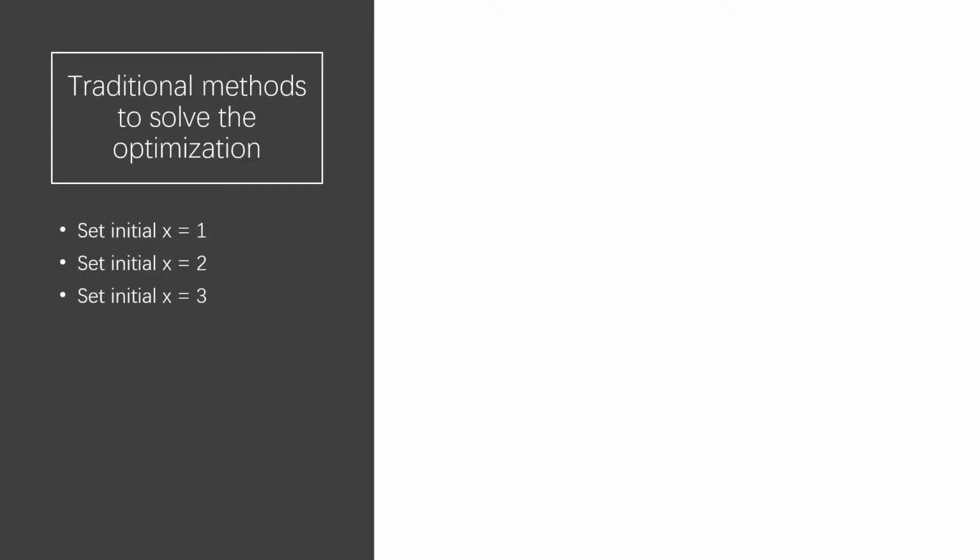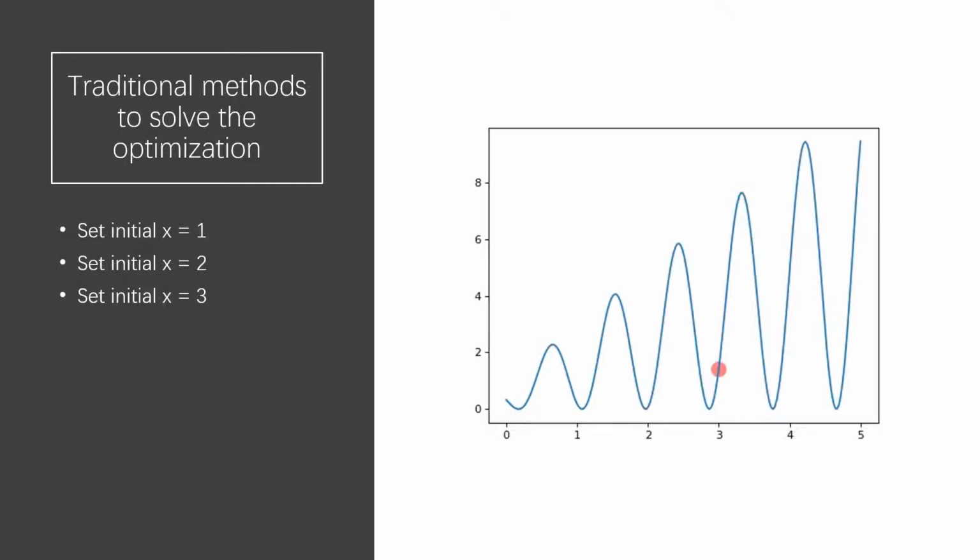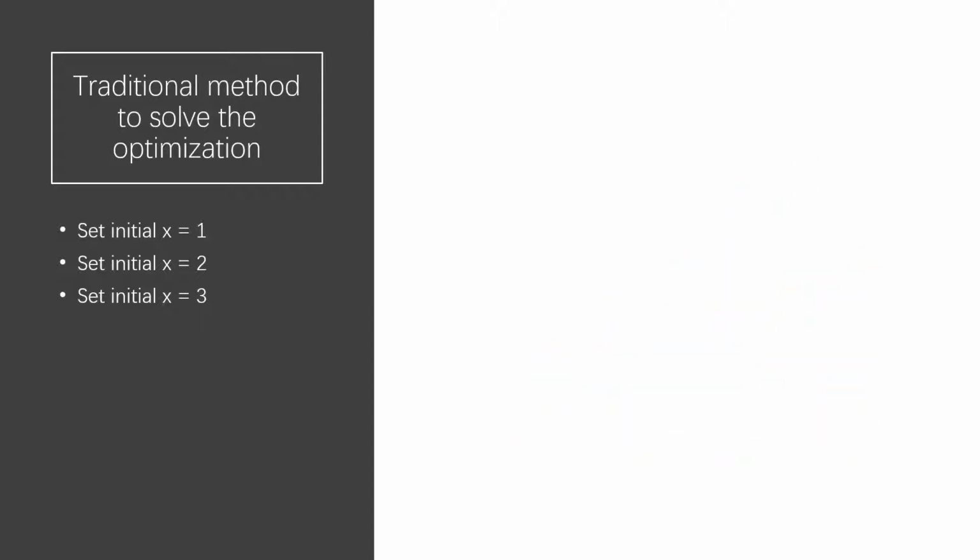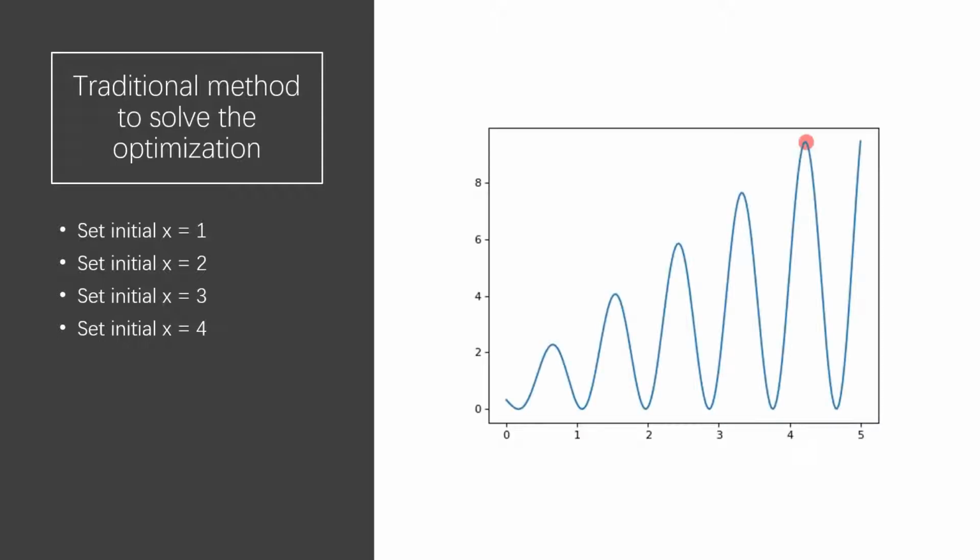Let's set x to 3, and we can get 8 as the objective value, better than all the previous ones. But to get the optimal one, maybe we need to set the initial x to 4. Then we get the best one, which is roughly 9.